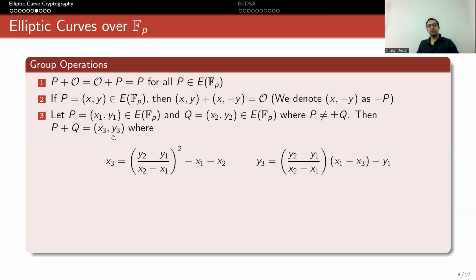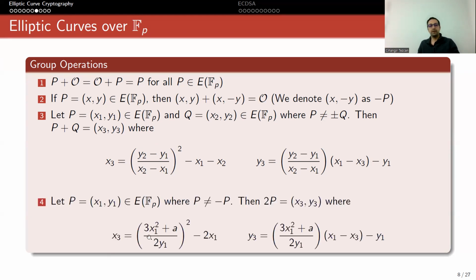P plus Q gives you the coordinates x3, y3, where you calculate x3 like this and y3 like this. But one thing to notice is that I have a division operation here. If I work over FP, this division is actually a multiplication with the inverse of x2 minus x1. So this is a field operation, not a regular division.